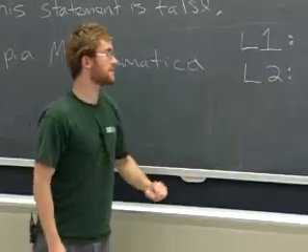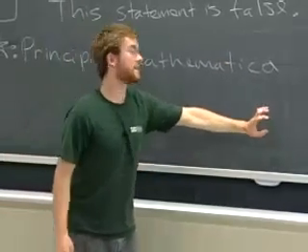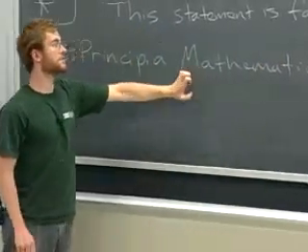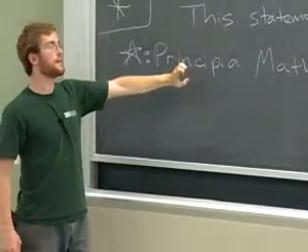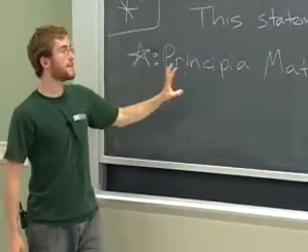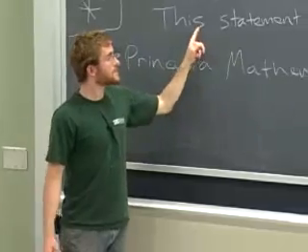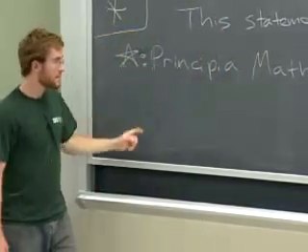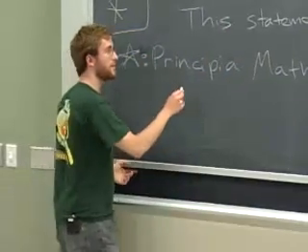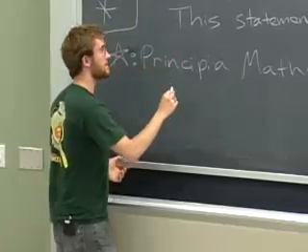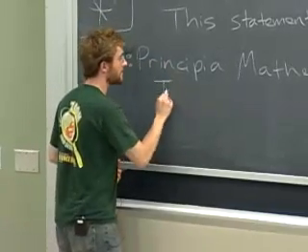So they developed this system, but even this had flaws. And what Gödel did was he actually used Principia Mathematica, and he took a statement similar to this, but in fact much more clever, in order to prove his incompleteness theorem. And it's this.